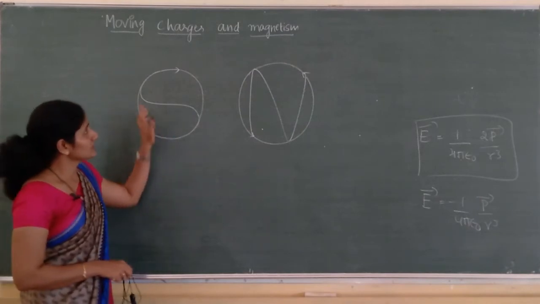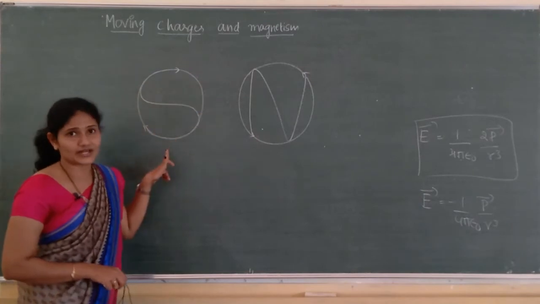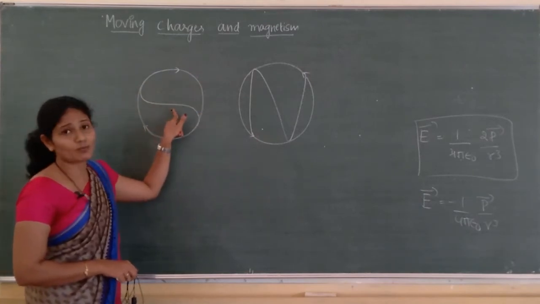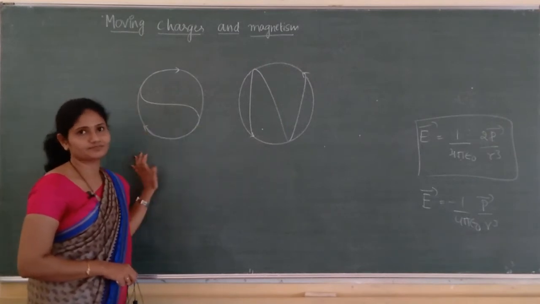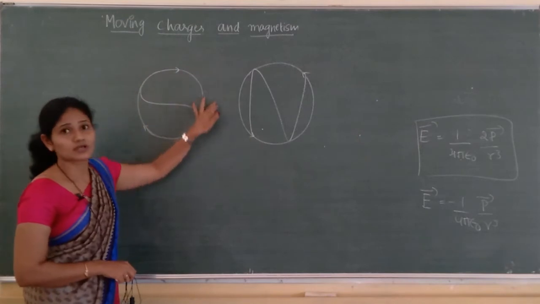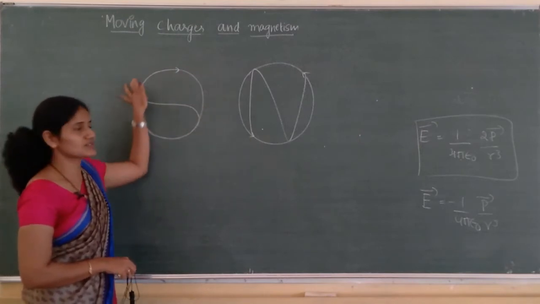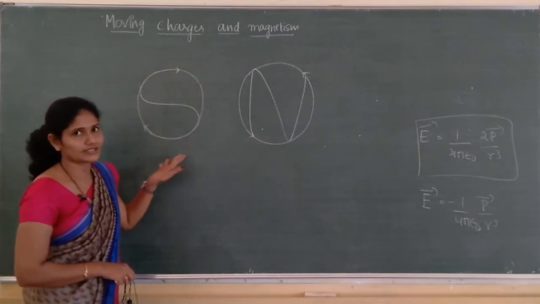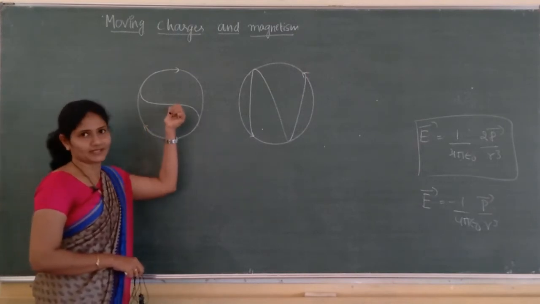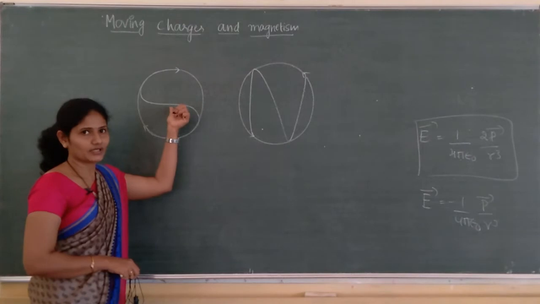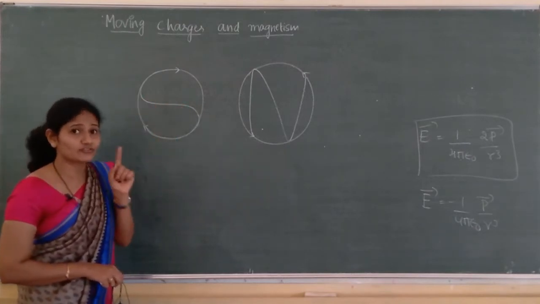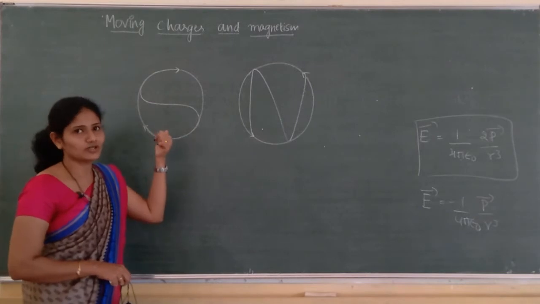If the current flows in clockwise direction in a coil, then always remember the magnetic moment is into the plane. If magnetic moment is into the plane, then magnetic field is also into the plane.